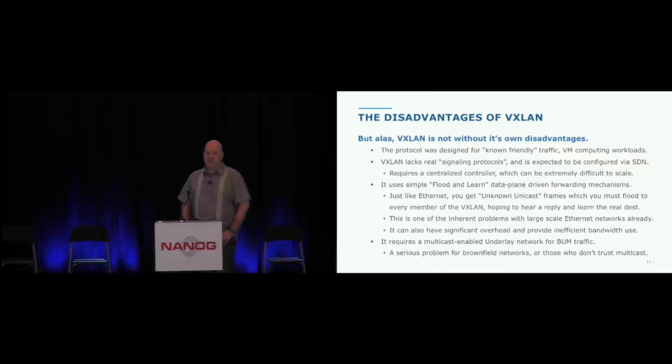There's not a protocol where the individual routers talk to each other and signal. It doesn't have that. What it expects is to be configured by SDN. And by SDN, I mean there's some kind of an orchestration layer that goes out and talks to the individual devices that tells it what instances should be out there. So because of this, it's really not scalable for applications outside of these very basic cloud infrastructures.